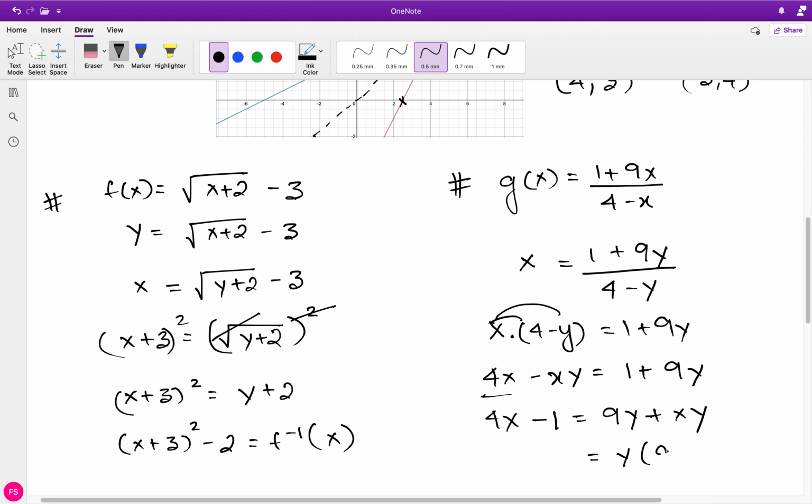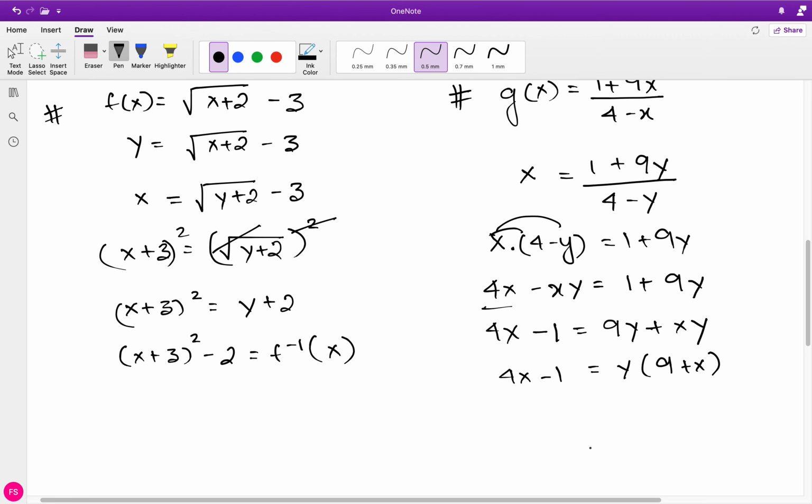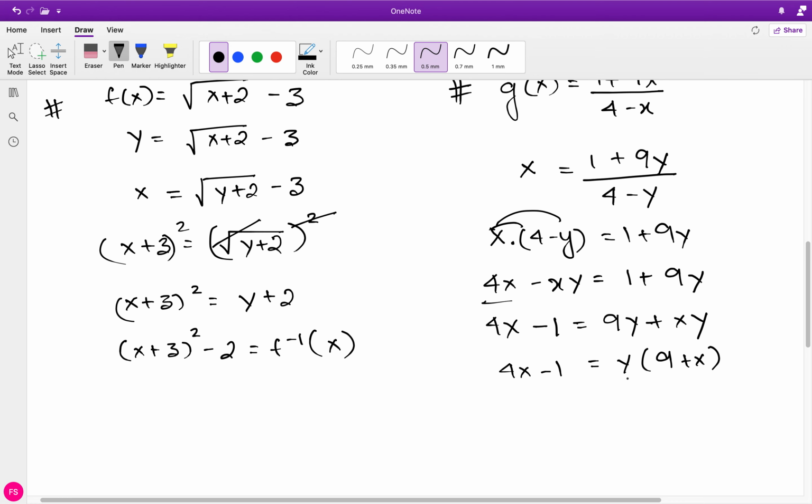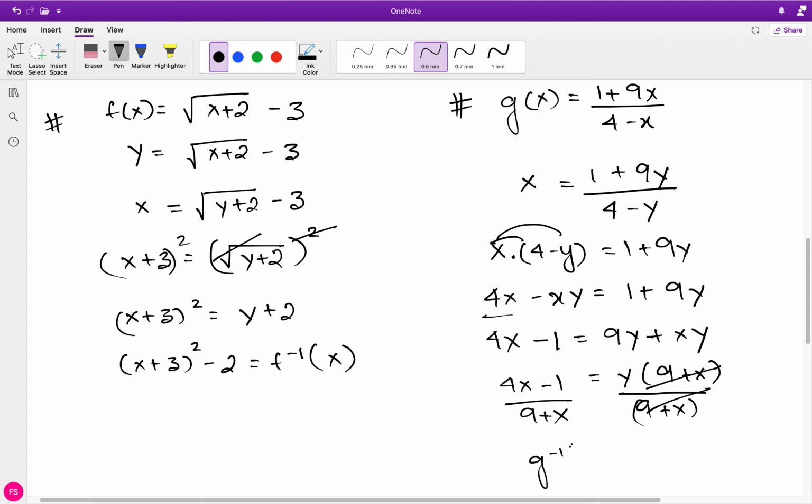When you take it out, you just have 9 plus x inside the bracket. This equals 4x minus 1. Now it's easy. If you want to make y the subject, you just need to divide both sides by 9 plus x. 9 plus x over 9 plus x gets cancelled out, so you just have y equals 4x minus 1 over 9 plus x. But because it's not my y, this is really the inverse, so I'm going to write g inverse of x equals 4x minus 1 over 9 plus x.